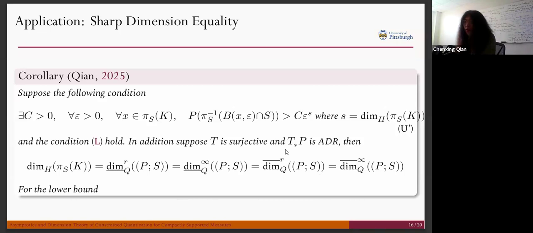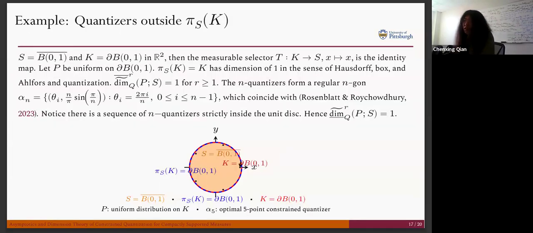Okay, and I have the following example here. This is an interesting example, where we can calculate that the quantizers in this case are not in the projection, but strictly lie in the set S rather than the metric projection.